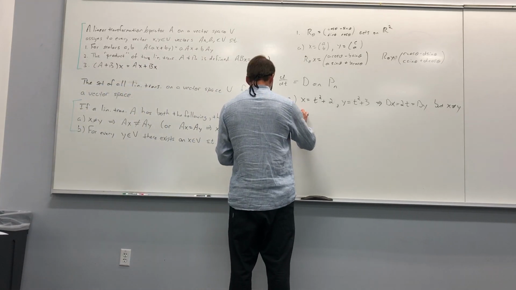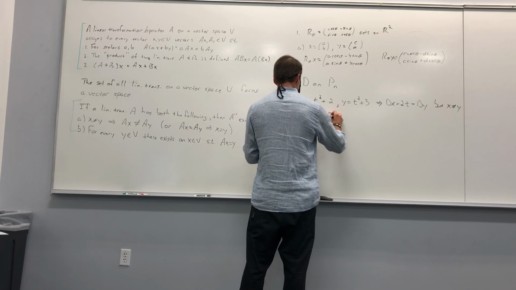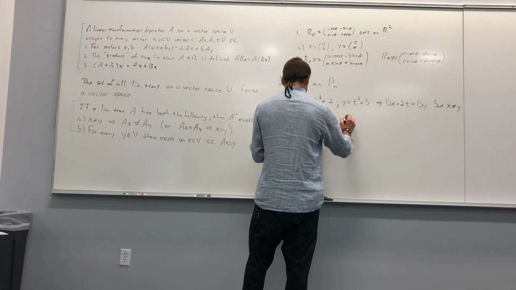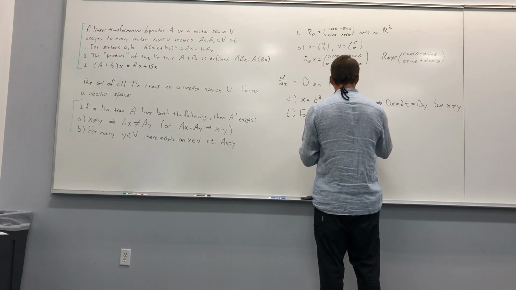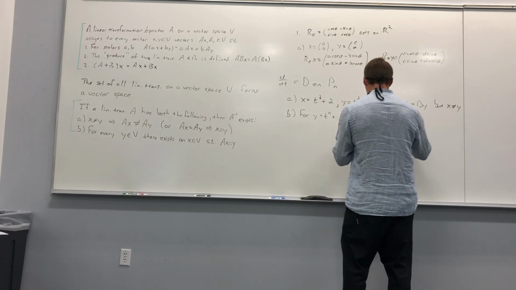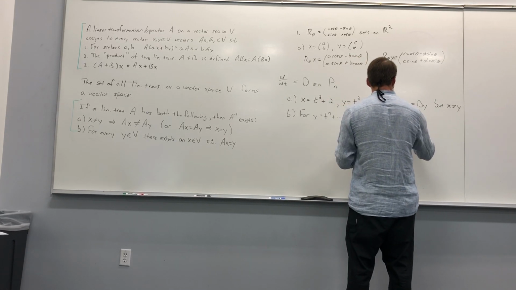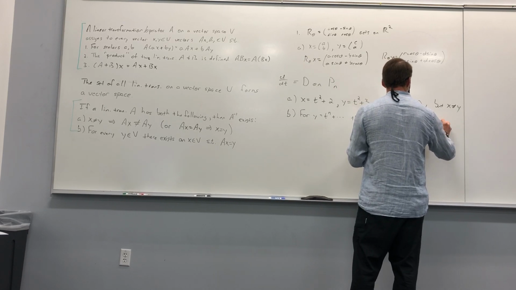Alternatively, we can consider condition B. For y equals 2t to the n plus dot, dot, dot, there exists no x such that the derivative acting on x equals y.